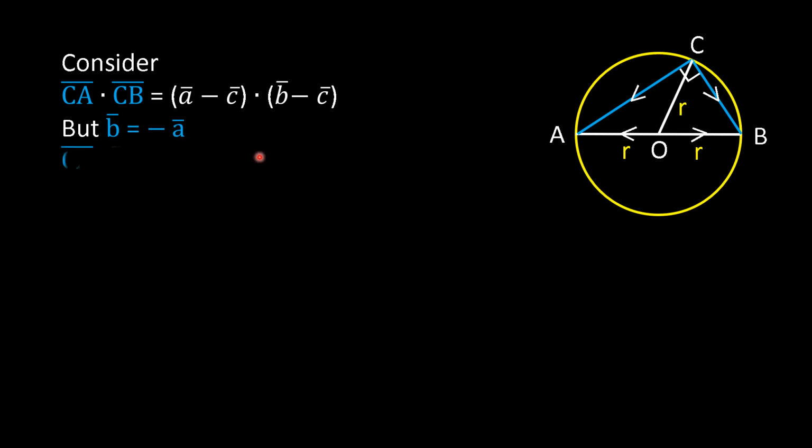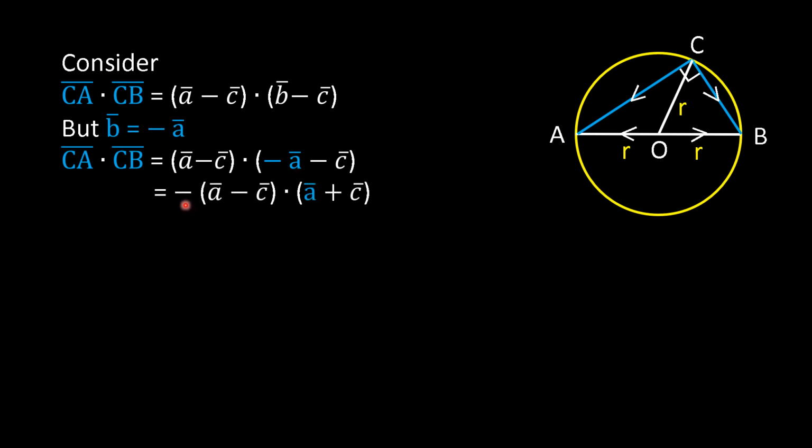Therefore, in place of B bar, we will put minus A bar. It will be minus times A bar minus C bar dot A bar plus C bar, which will be minus A squared minus C squared.